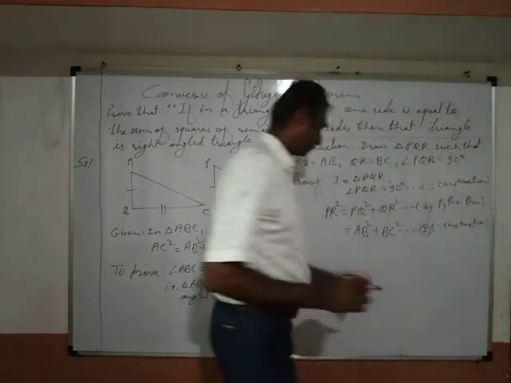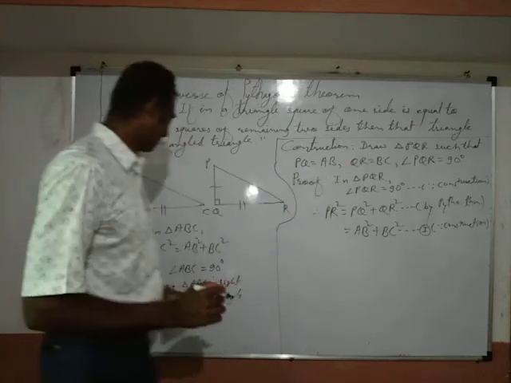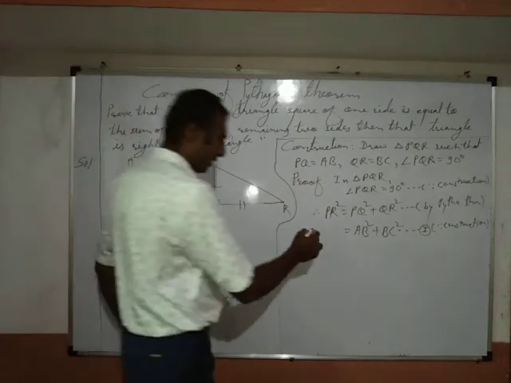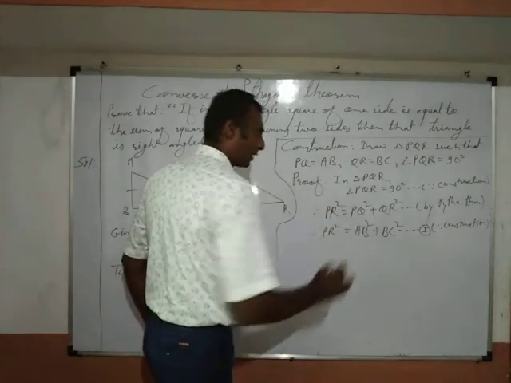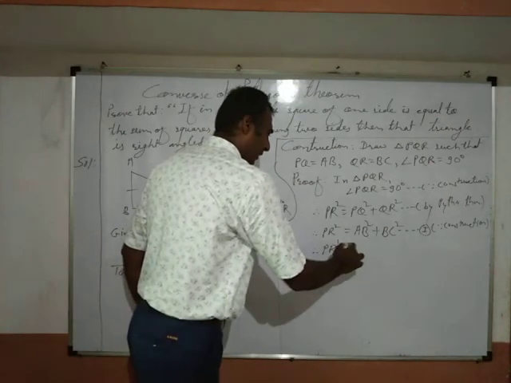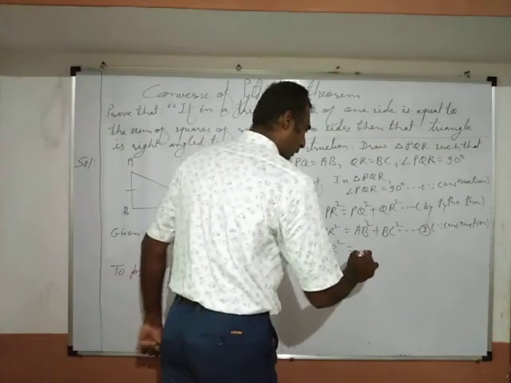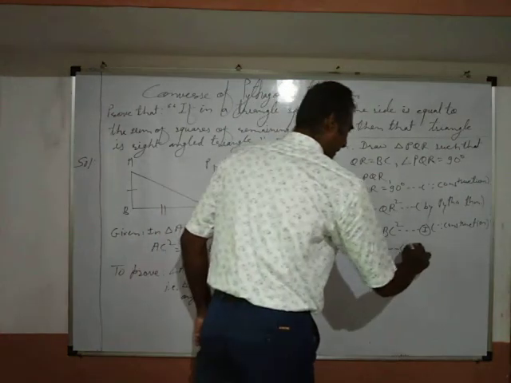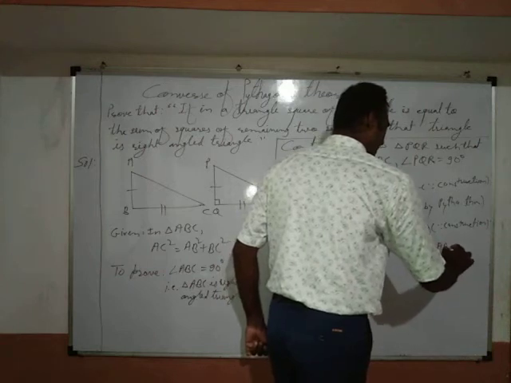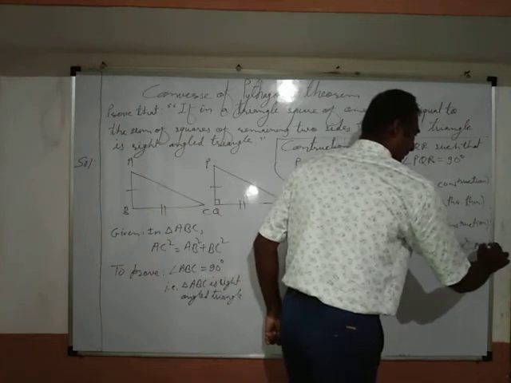By construction, what have we replaced? We replaced PQ by AB and QR by BC. But according to the given, AB square plus BC square is what? AC square. Here we are getting PR square equals AB square plus BC square, and AB square plus BC square is AC square, means PR square equals AC square, since AC square equals AB square plus BC square was given.